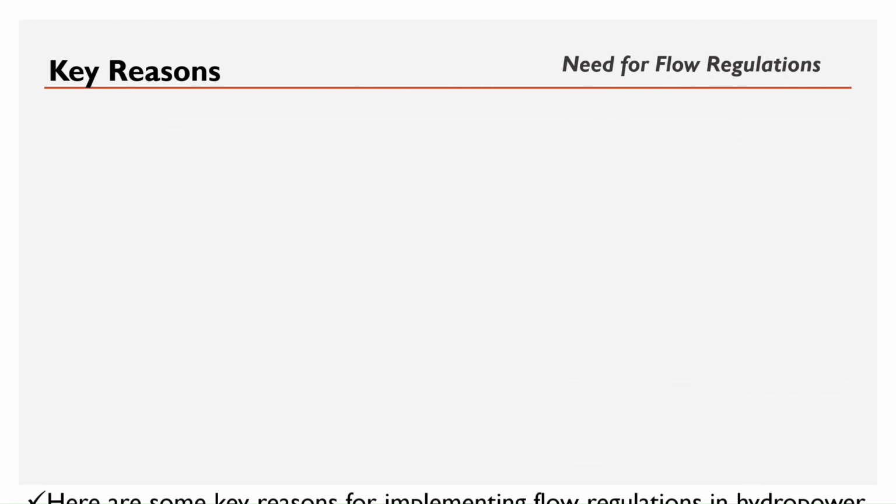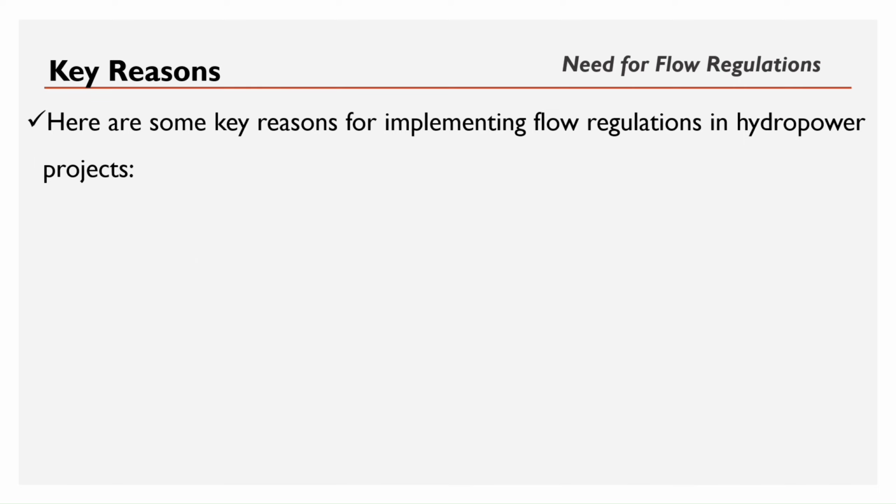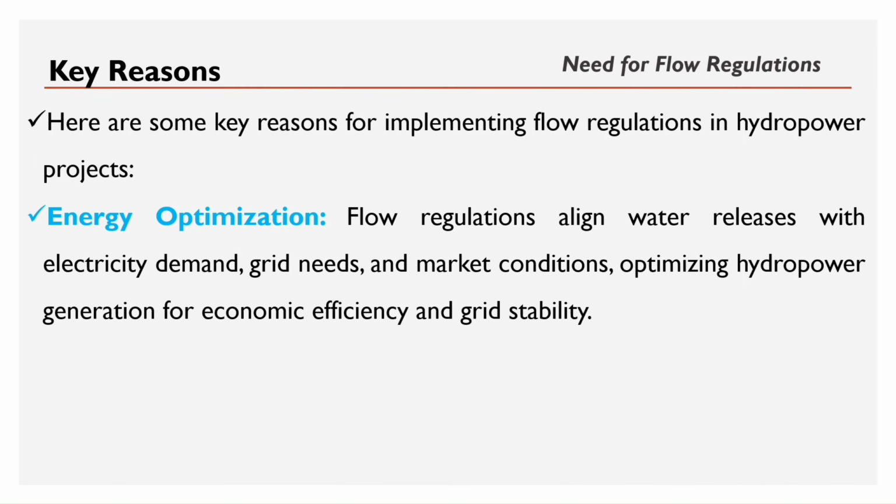Here are some key reasons for implementing flow regulations in hydropower projects. Energy optimization: flow regulations align water releases with electricity demand, grid needs, and market conditions, optimizing hydropower generation for economic efficiency and grid stability.